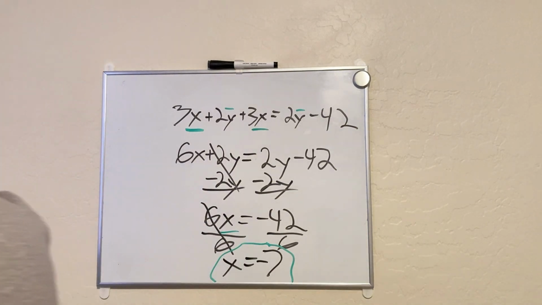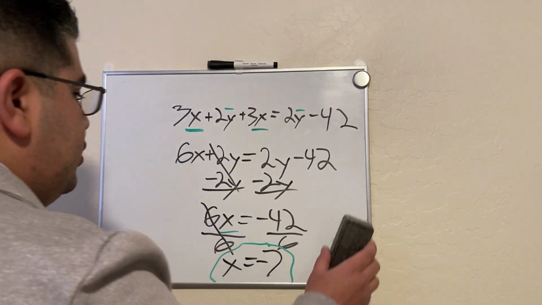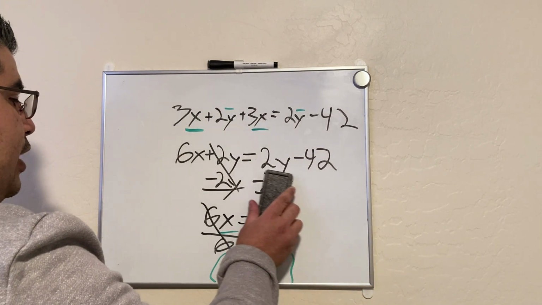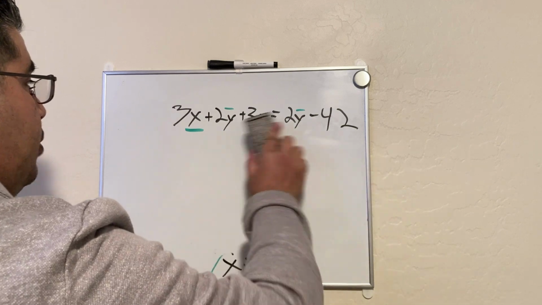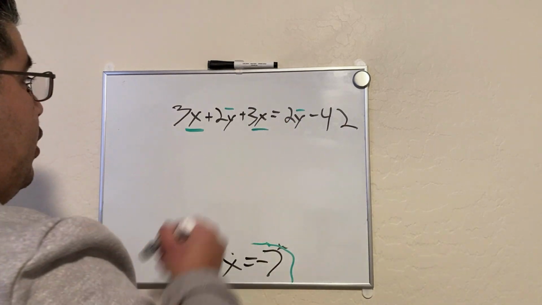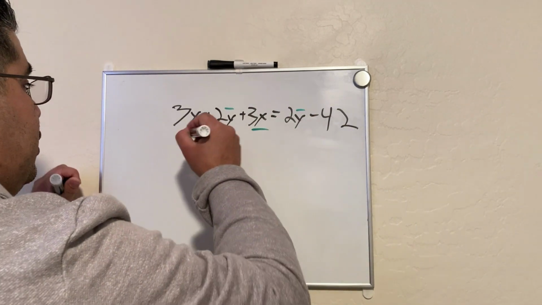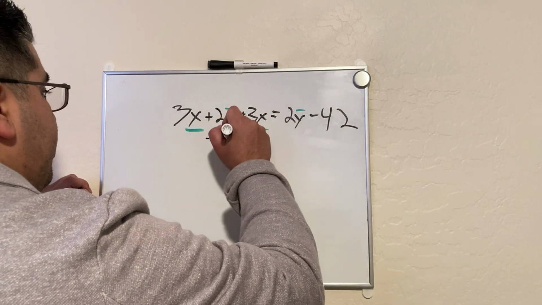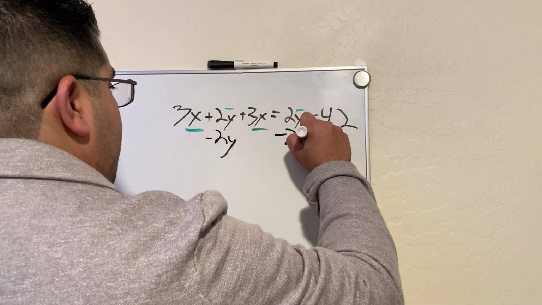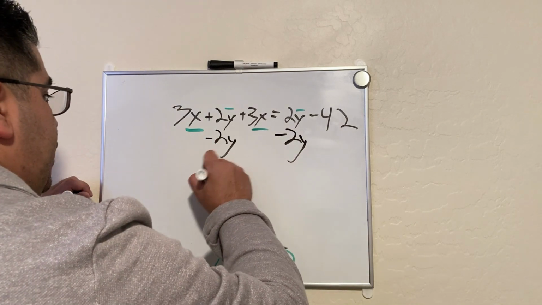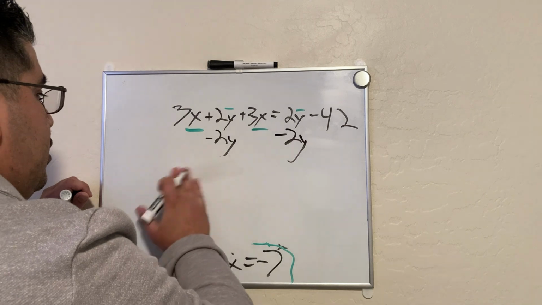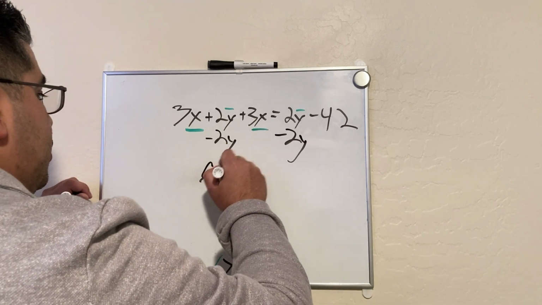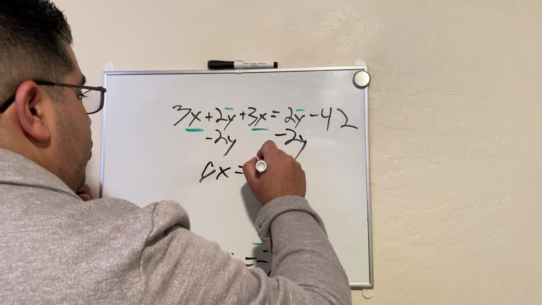Cool. We can check that. In this case, y doesn't equal anything, so let's just remove the y variable from our equation up here. Since the y variable cancels out, minus 2y, minus 2y. So then we got 6x equals negative 42.